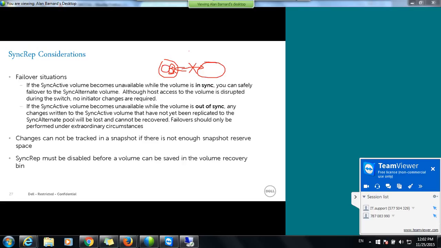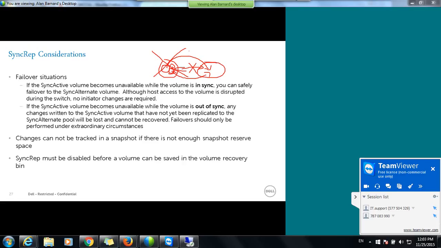If you switch over from here to here, you're not going to get the most up-to-date information, because there is plenty of information that needs to be transferred from your snapshot to your sync alternate. Only when you totally don't have this particular pool do you have no choice but to move to this alternate solution. But it's not recommended because you don't get the most up-to-date data.